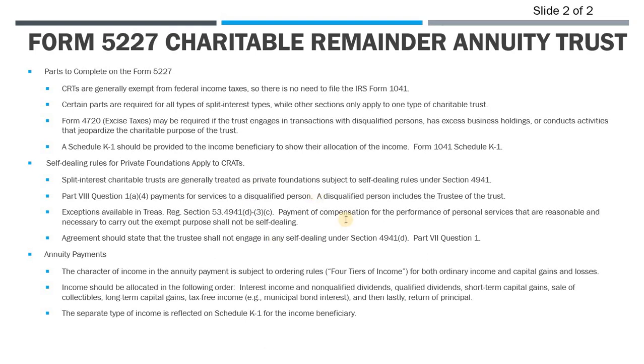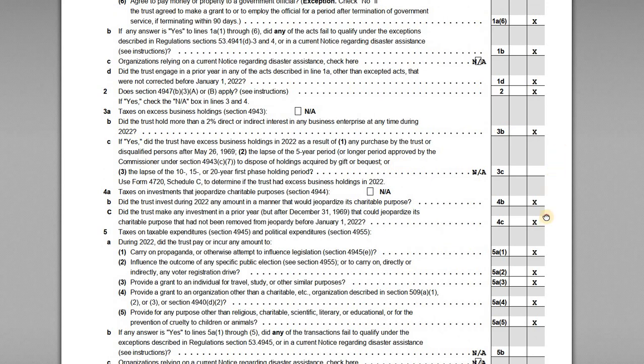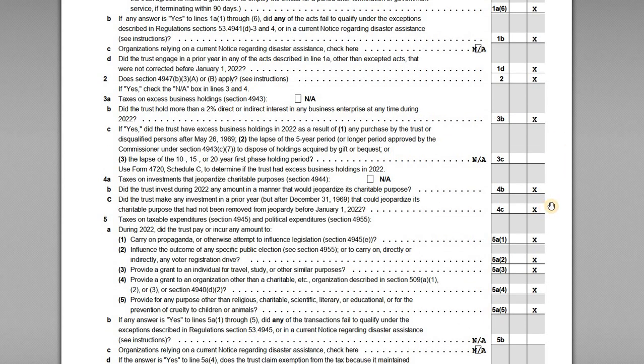Okay, let's go back to the trust return. All right, so some of these other things, again, all these are no for us, but some big ones to keep in mind or be careful of are excess business holdings, right? Did the trust hold more than 2% of an interest in an enterprise at any time during the year?